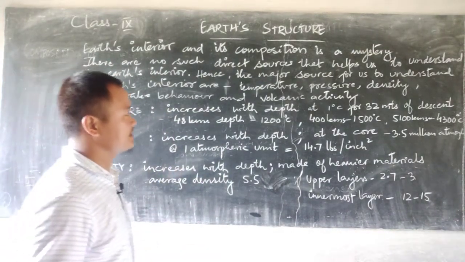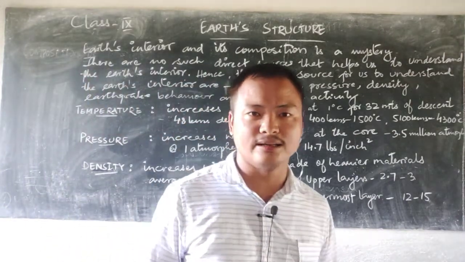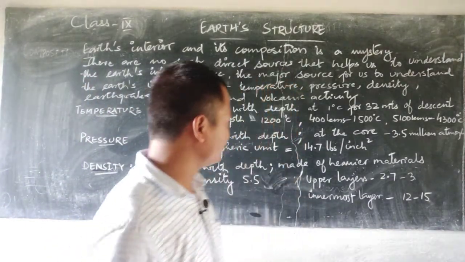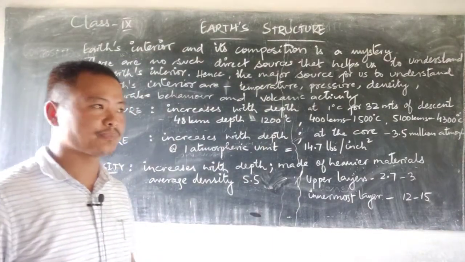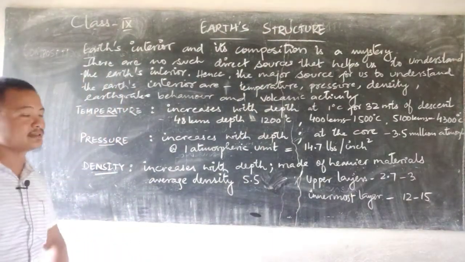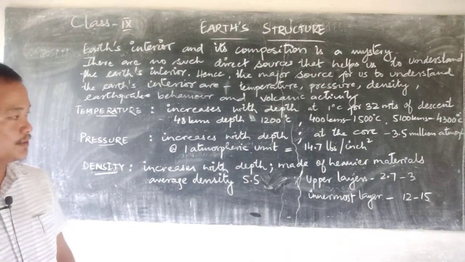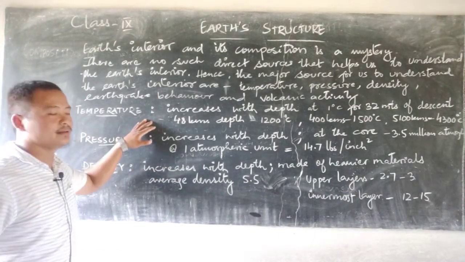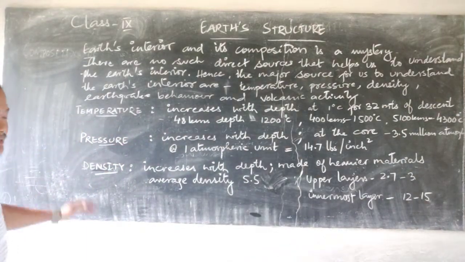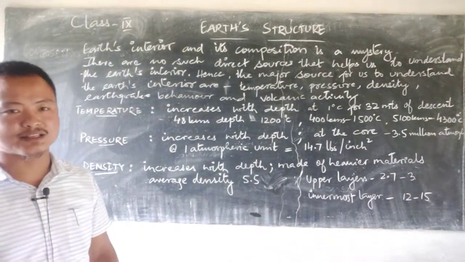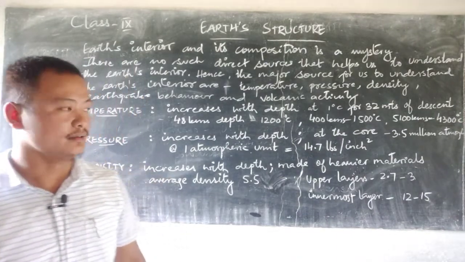So in this case, let us first discuss the three indirect sources that we have, that is temperature, pressure and density. Temperature, as we all know, is the degree of hotness or coldness of an object. In the Earth's interior, all these three, not just the temperature, but pressure and density as well, keep increasing as we go towards the inner part of the Earth.